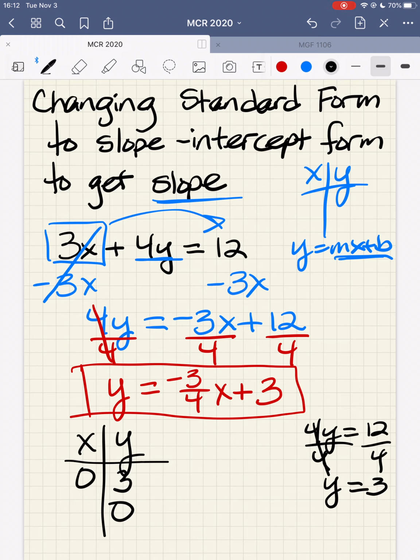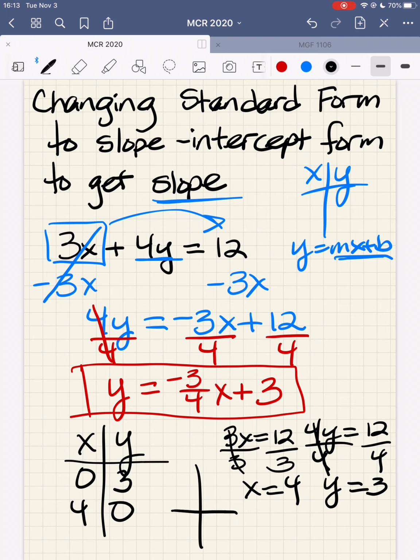If I make y 0, then I'm left with 3x is equal to 12. If I divide by 3, x is equal to positive 4. If I do a quick sketch graph of that, 0, 3, 4, 0, I can see that my slope is negative. And if I wanted to, I could go ahead and count and double check my slope.